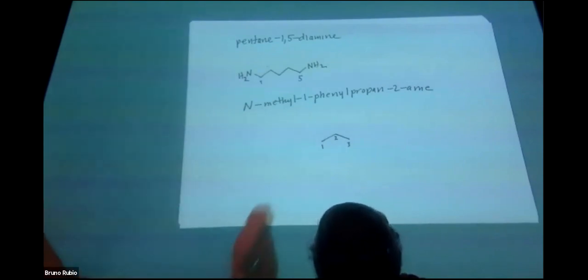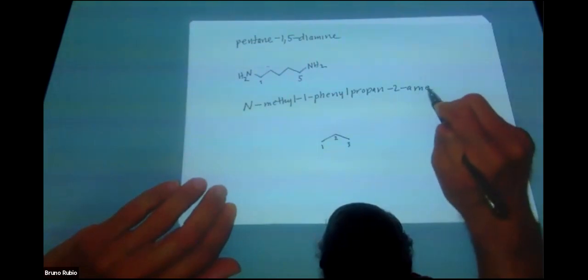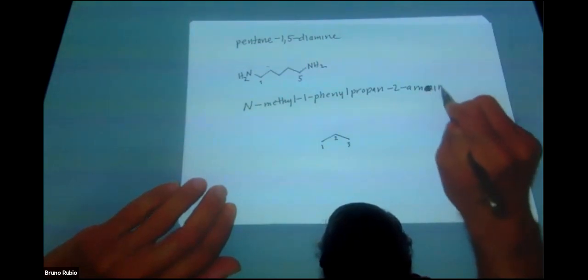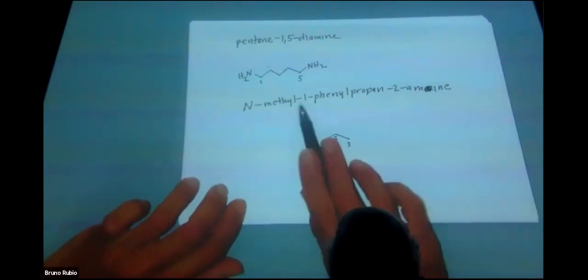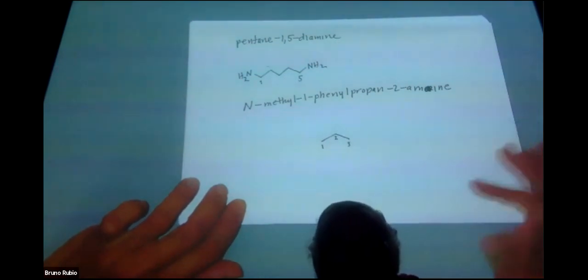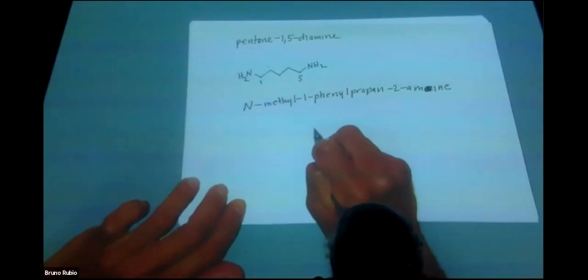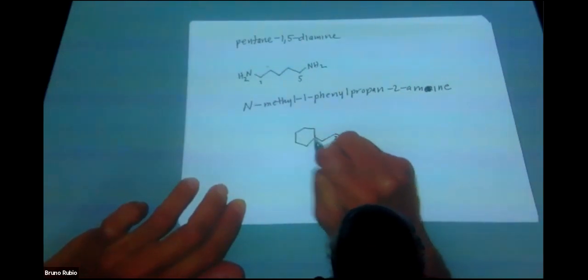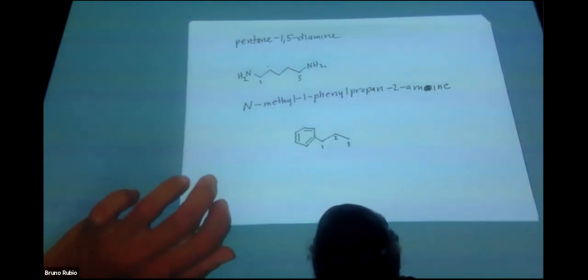And so now the name is just telling you what goes where. Okay, so at carbon 1, I have the phenyl substituent. What's that? That's what we call benzene when it's treated as a substituent. So at carbon 1, I'm going to tack on a benzene ring. That's 1-phenyl.